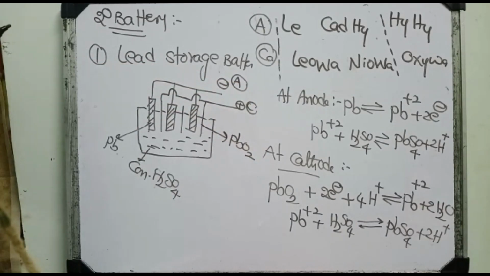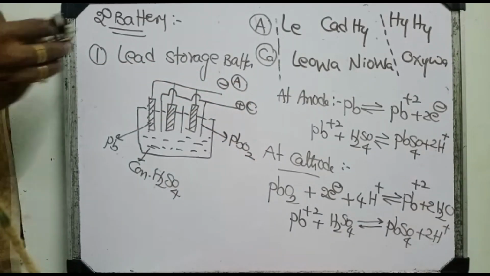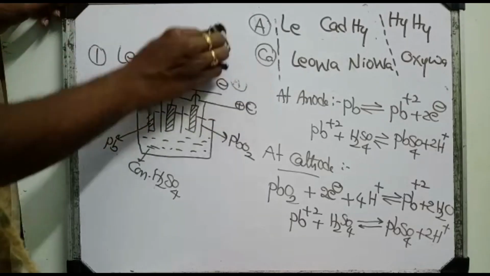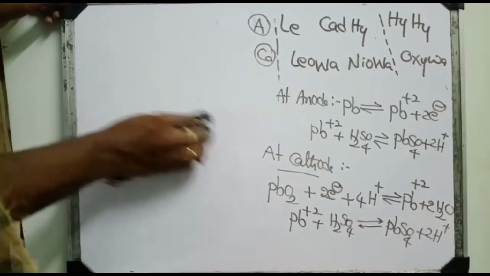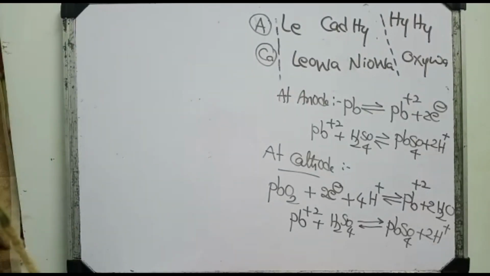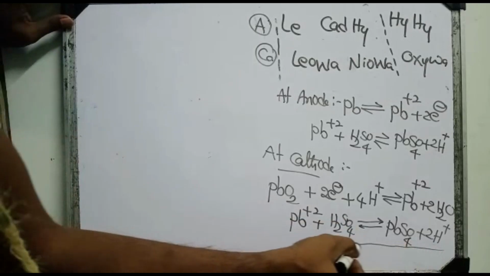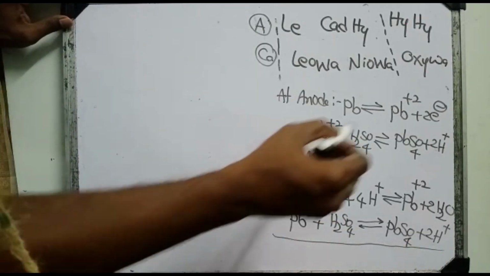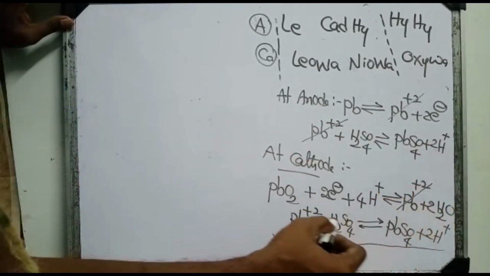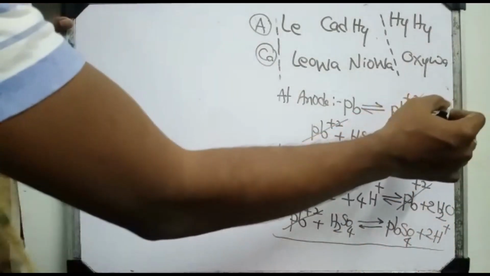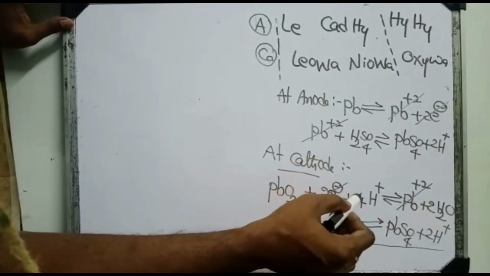Now we write the total reaction. Pb2+ and Pb2+ cancel. 2 electrons and 2 electrons cancel.